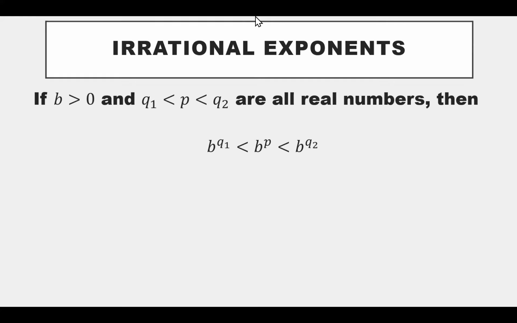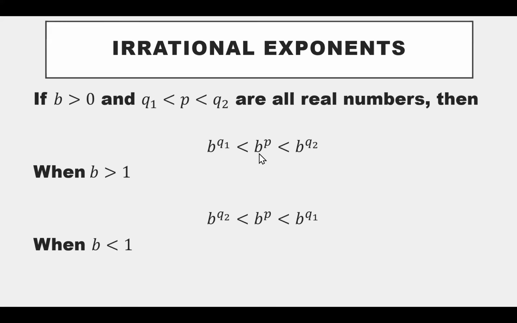So the point is, when we have two values on either side of p, then b raised to the p power has to be in the middle of those two values.